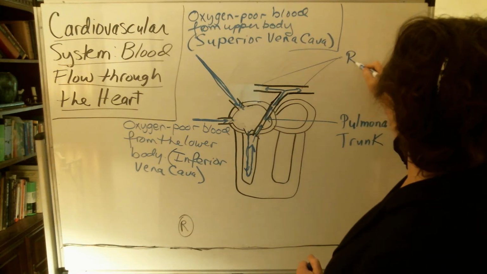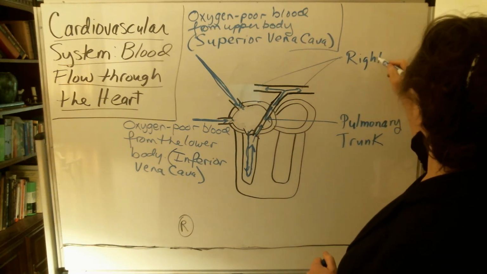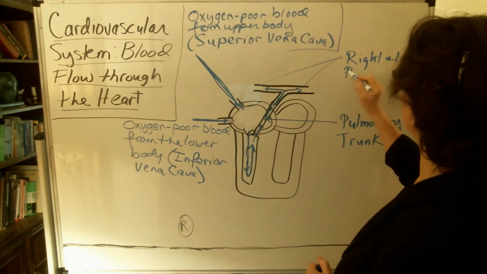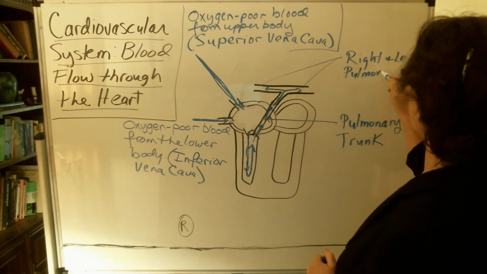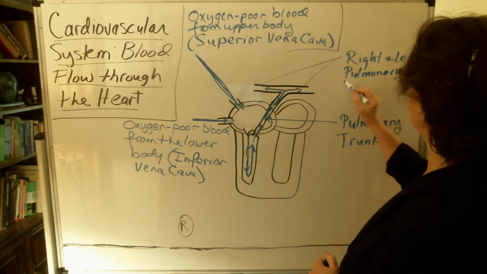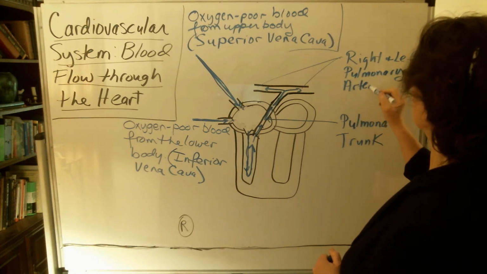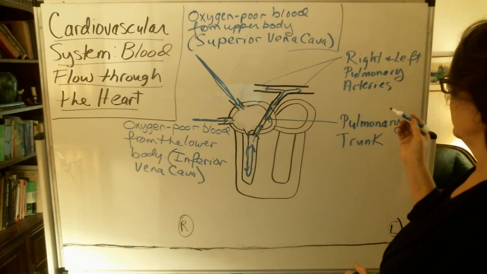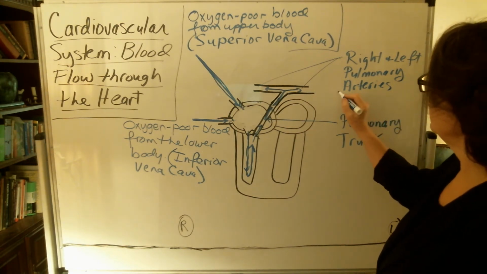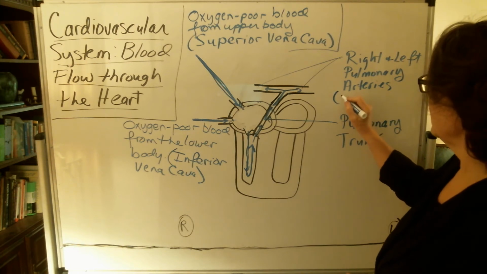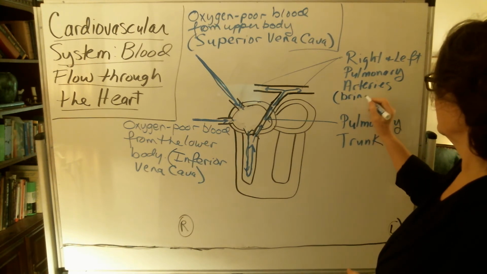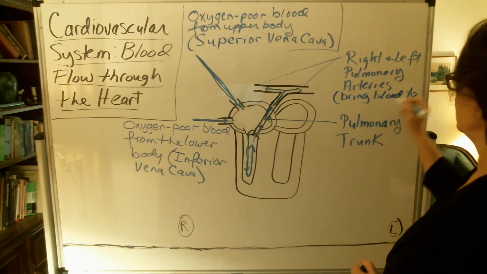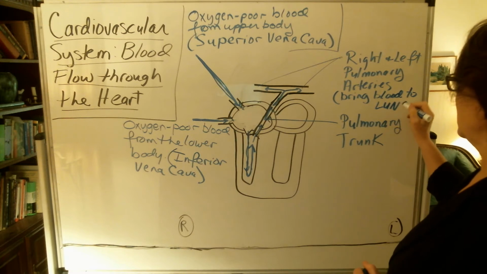which are the right and left pulmonary arteries. So here we have the right and left pulmonary arteries. And what do they do? They bring blood to your lungs.